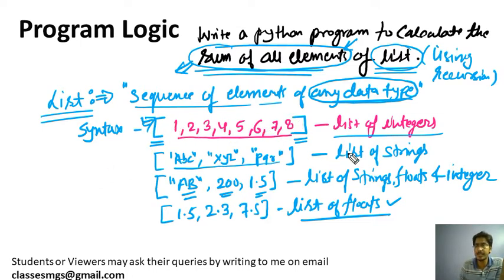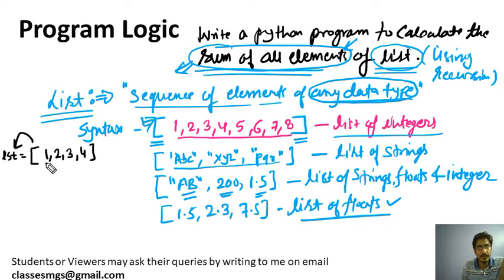Let's suppose this is the list example. I am taking a smaller example so that you can understand. Let's suppose this is the list 1 2 3 4, and it is stored in the variable lst. This is the variable name, and this is the list contained in this variable.